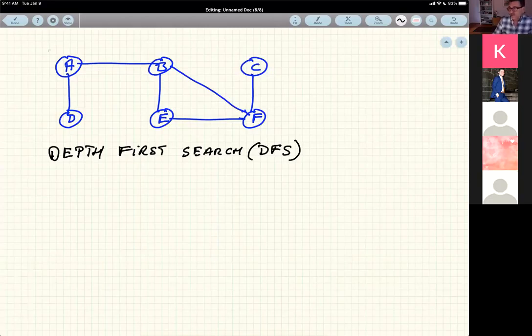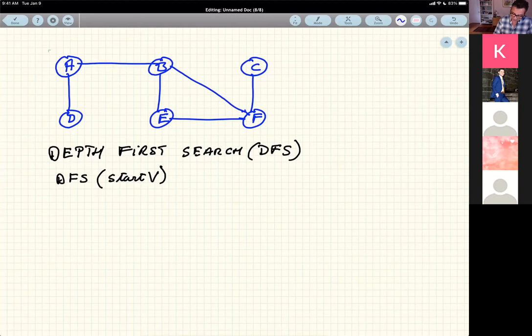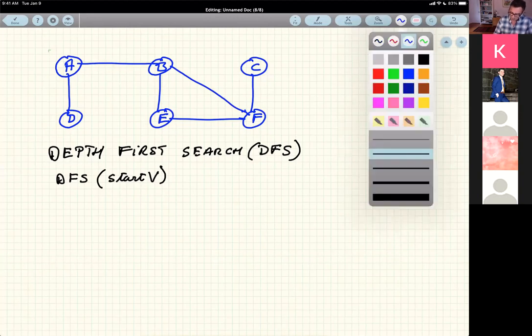We always got to start with a starting vertex. Okay. So DFS of start vertex. Okay. And we're going to start with A. A is going to be our start vertex. Okay. And here we're going to need two data structures. Okay. We're going to need two data structures again, except that now instead of a queue, we're going to use a stack. Okay.